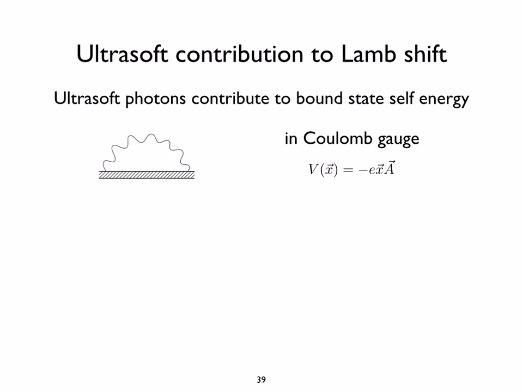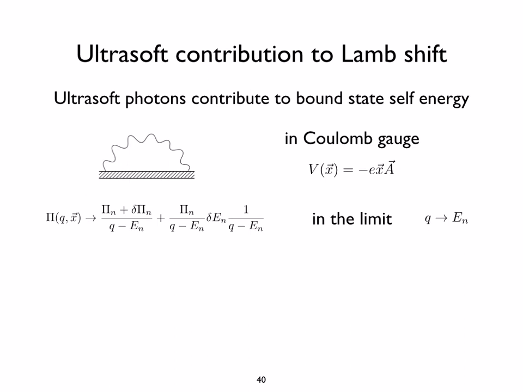The shift of energy levels can be defined from the two-point Green function in momentum representation in the limit when the momentum goes to one of the energy levels, and we can obtain the energy correction from the second term of this expression.